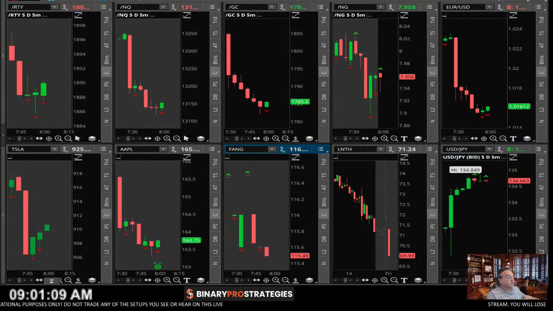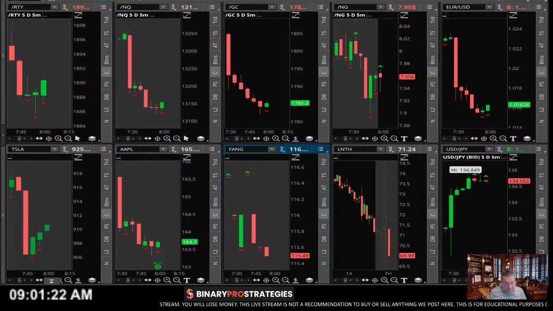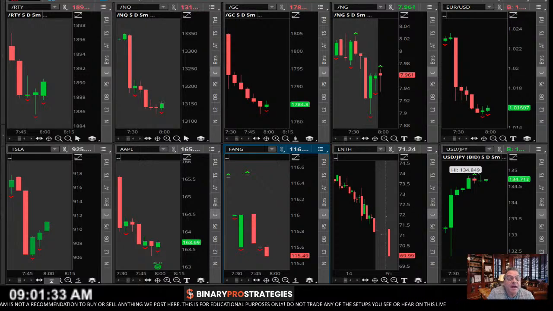That's why we're seeing such a big jump here on some of these currencies. Definitely adding to some early volatility.